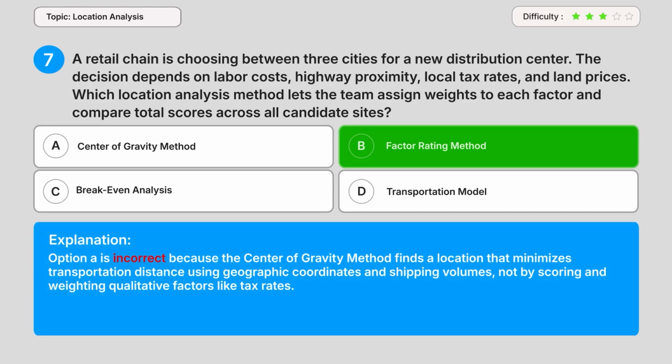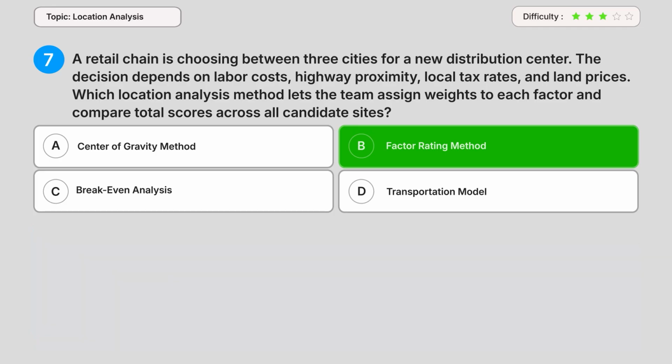Option A is incorrect because the center of gravity method finds a location that minimizes transportation distance using geographic coordinates and shipping volumes, not by scoring and weighting qualitative factors like tax rates.